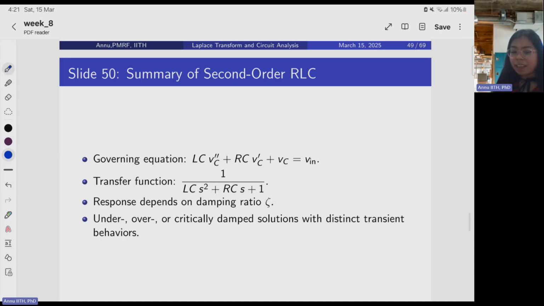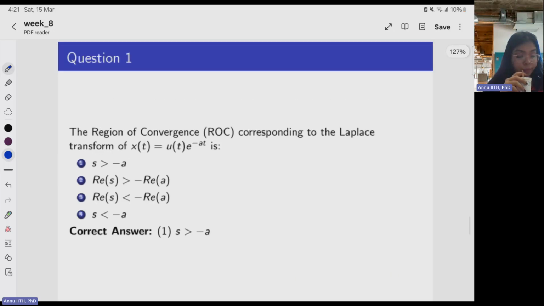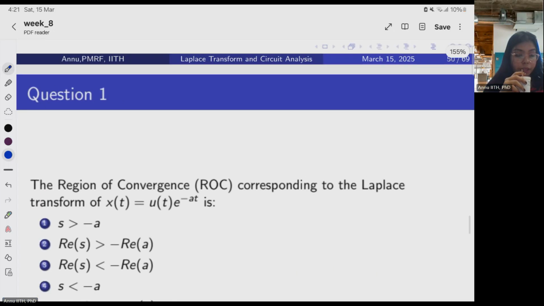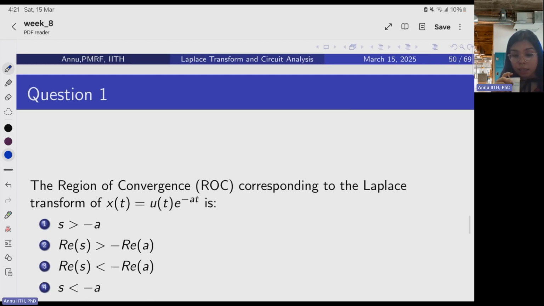But generally for stability, we consider the underdamped case, between 0 and 1, and critically damped, zeta is equal to 1. Distinct transient behaviors will be observed. Now we'll solve some problems for the next 20 minutes, then we will end the session.